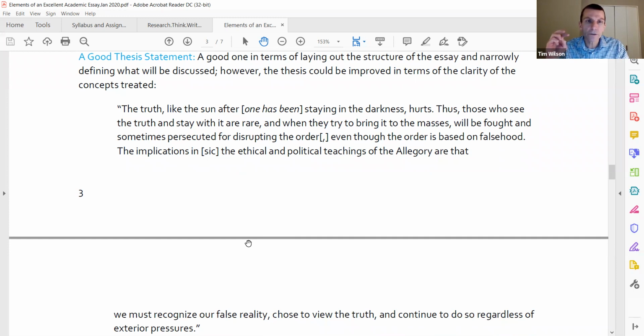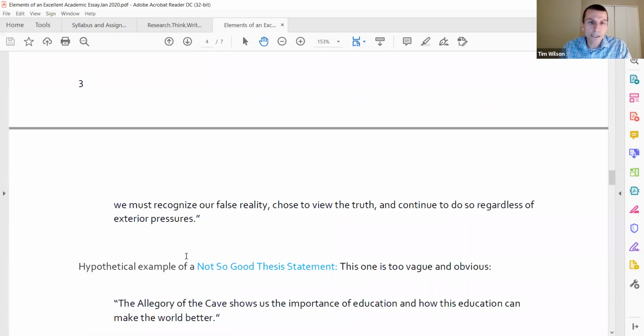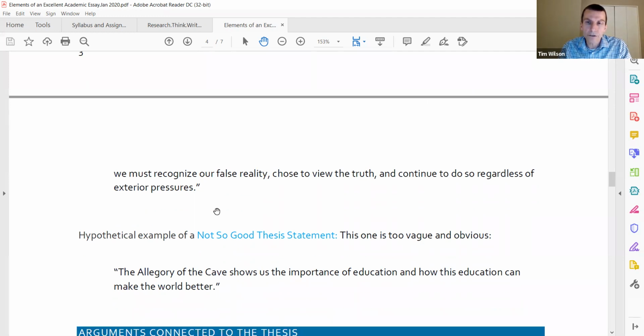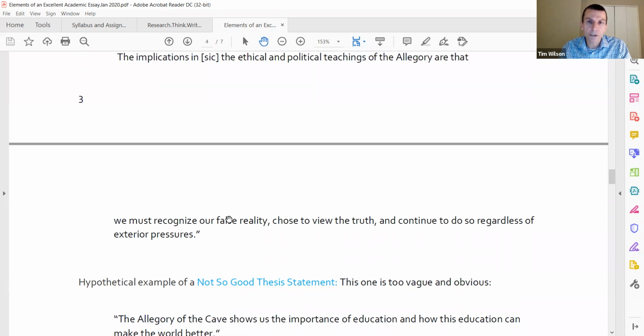Thus, those who see the truth and stay with it are rare. And when they try to bring it to the masses, they will be fought and sometimes persecuted for disrupting the order, even though the order is based on falsehood. The implications in the ethical and political teachings of the allegory are that we must recognize our false reality, choose to view the truth, and continue to do so regardless of exterior pressures.